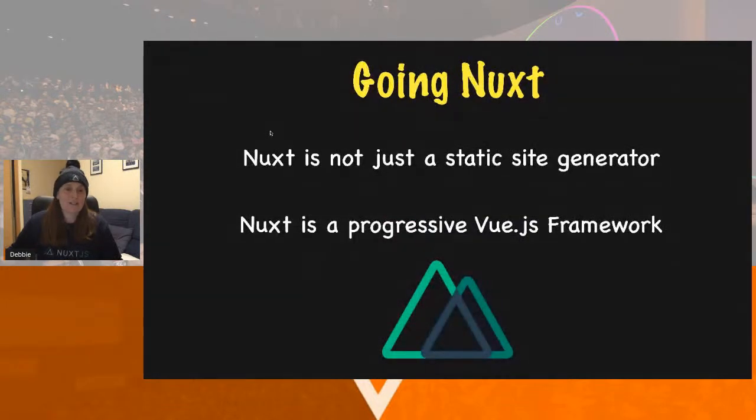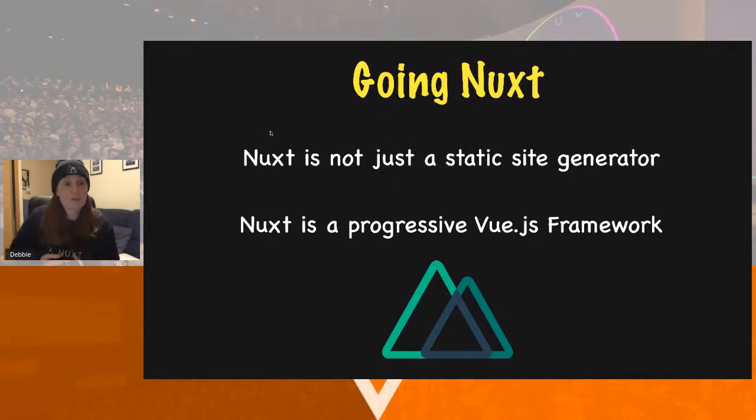So going Nuxt. Now, Nuxt is not just a static site generator, and I want to make that clear. It's not just for building static sites. Nuxt is a progressive Vue.js framework, and that means when you're building your websites, you're still writing Vue, you're creating static sites, but you're still building as if you're building single-page applications. It's just you get all these extra cool benefits, such as automatic routing and code splitting.